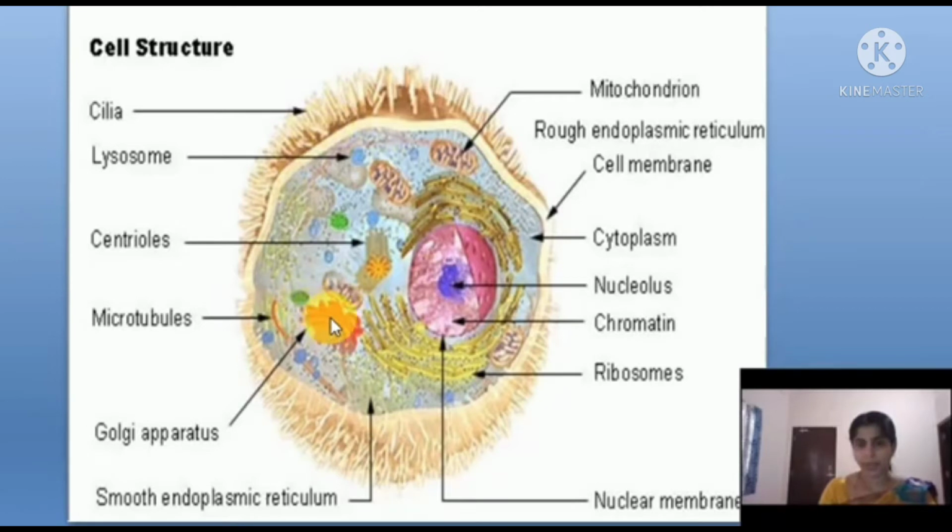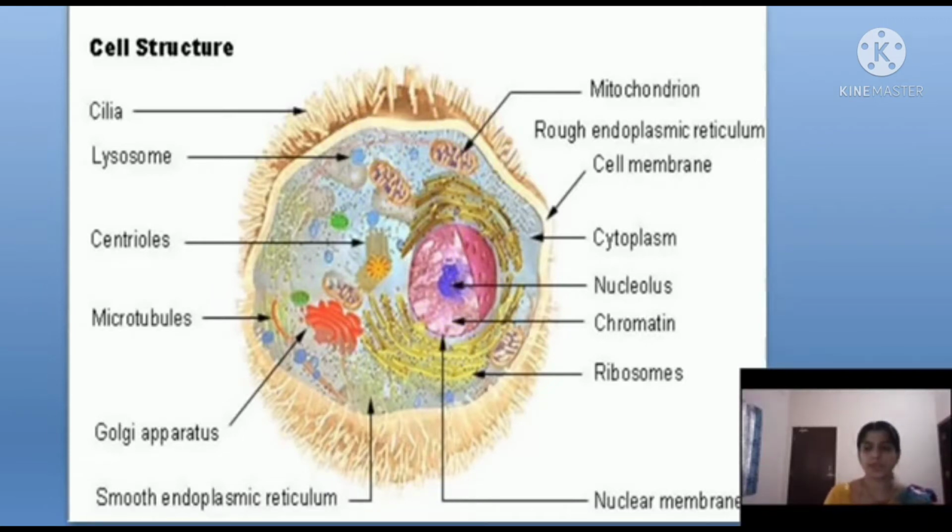Each carries out different functions and reactions. There are also inclusions such as stored products like fats, lipids, proteins, etc. Water is the main component of the cytoplasm, about 90 percent. Many chemical reactions take place here.